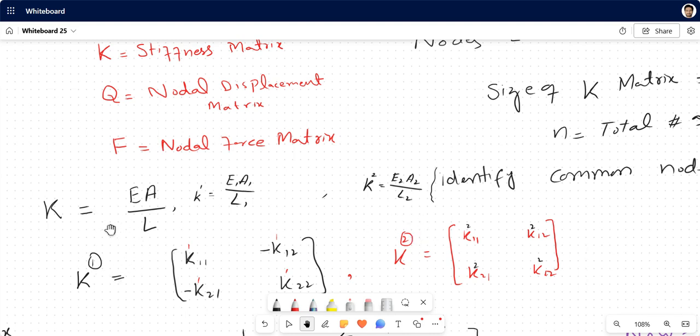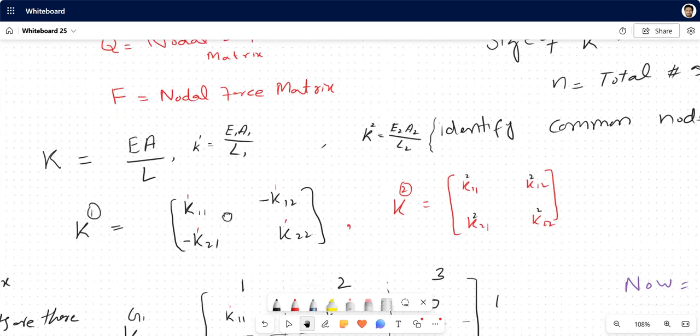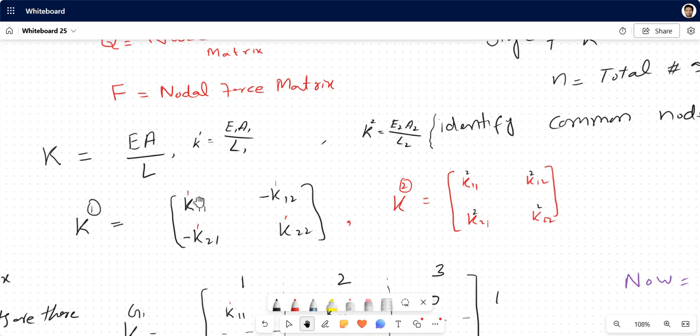For each element, I'm talking at this moment about the local stiffness matrix. The matrix is represented like k1, k12, k2, and these represent the positions within the matrix, while their quantity will be equal to the Young's modulus E, which is a material property, multiplied by the area A, which is a geometrical property of the section, divided by the length L of each element.